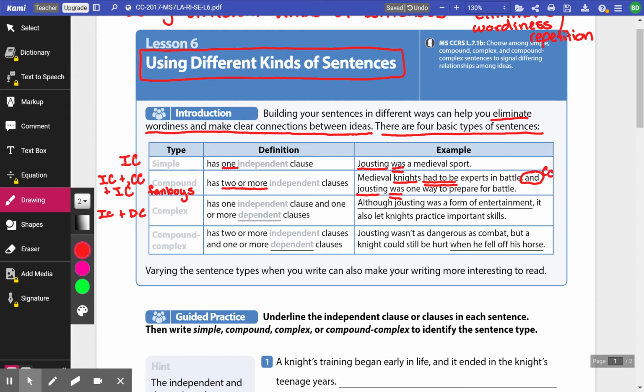You can look for your subordinating conjunctions, so those would be your SWABI words. So since, when, although, because, if. And you can also look for your relative pronouns for dependent clauses. So that's how we can identify those. And I'm going to put this down here.